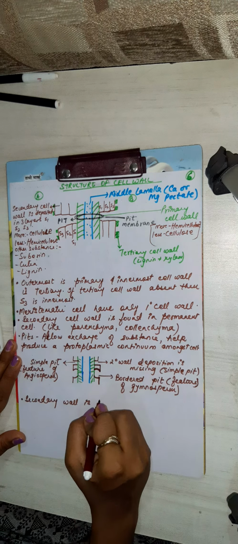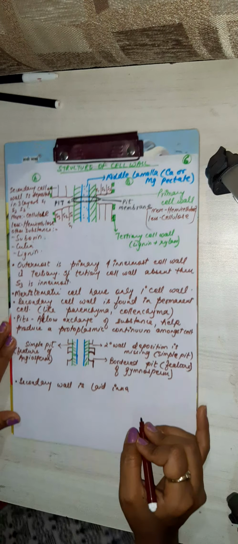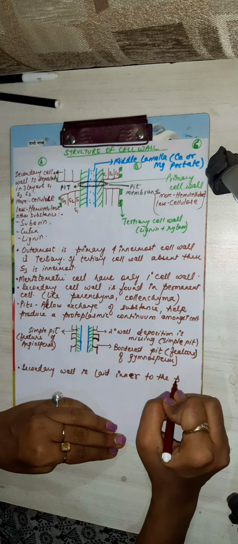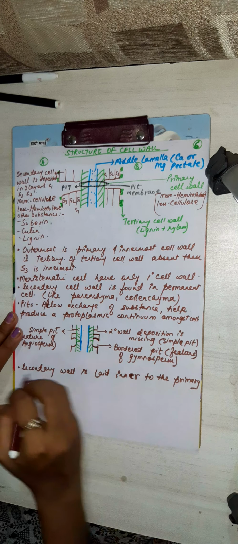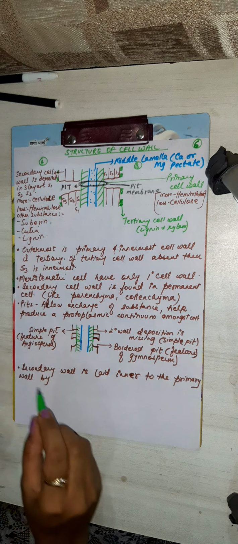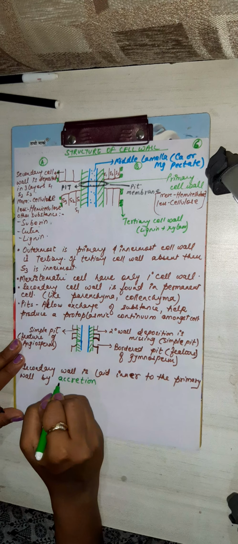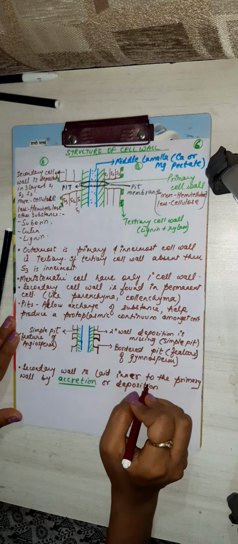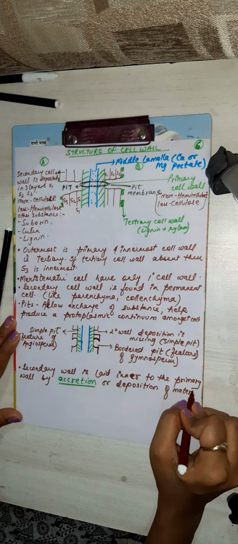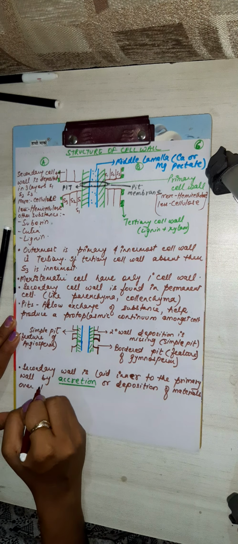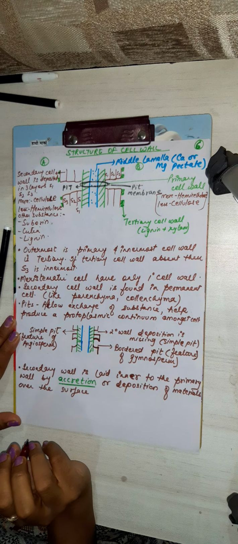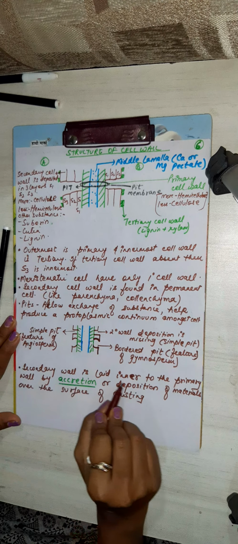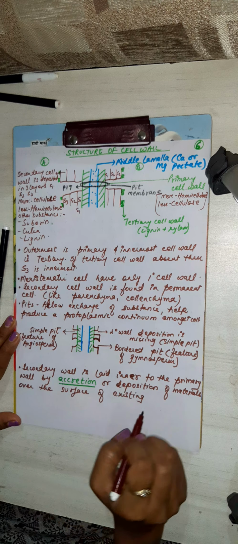So secondary wall is laid inner to the primary wall by accretion or deposition of materials over the surface of existing structure.